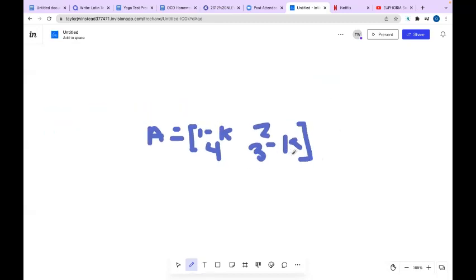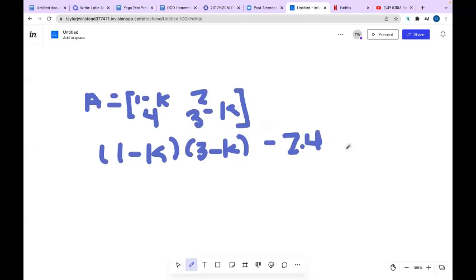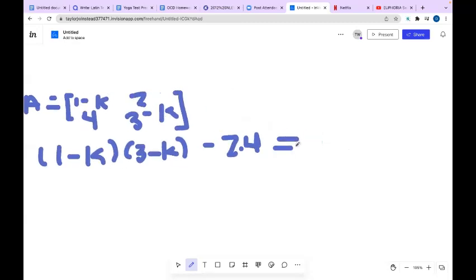Well, we're going to have to figure out the determinant, right? The determinant is going to be 1 minus k times 3 minus k minus 2 times 4. And this cannot equal 0, right?